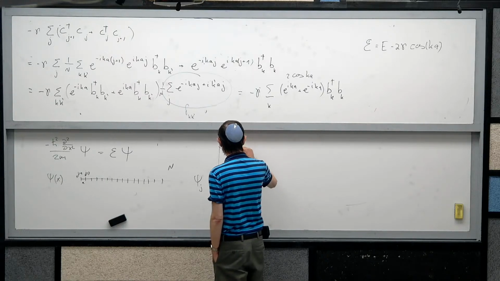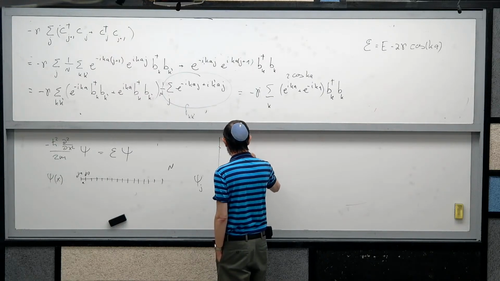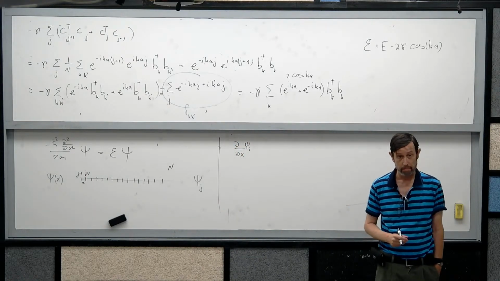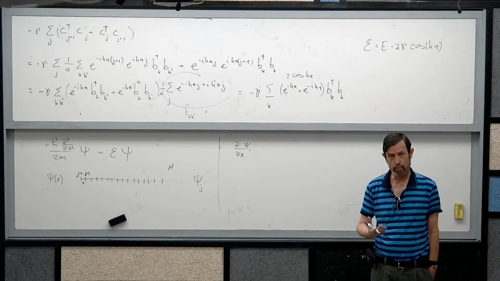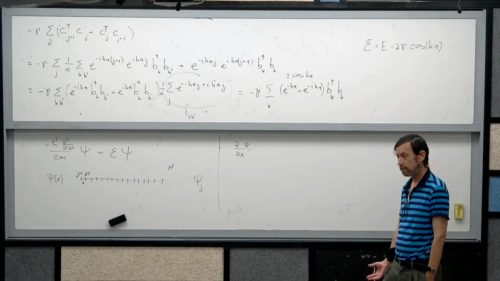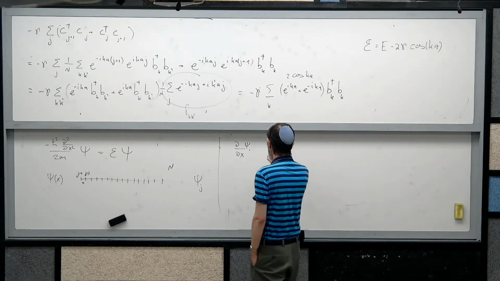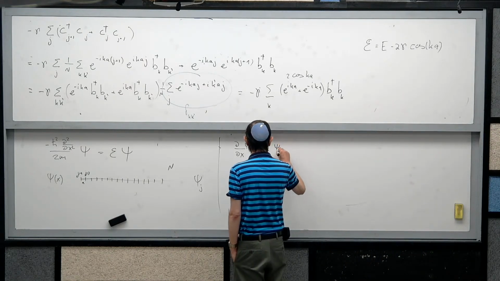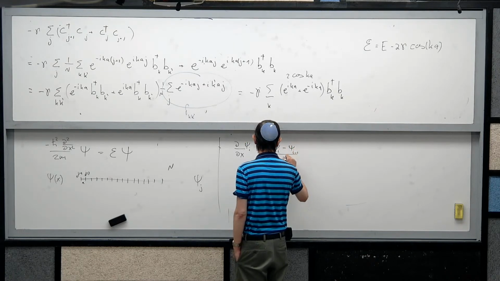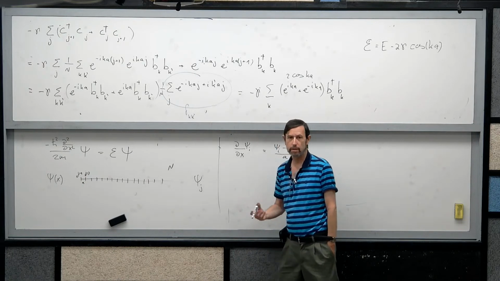The derivative of psi at some point j, because I have my wave function only as a set of numbers, how do I describe it? Well, how about this description?